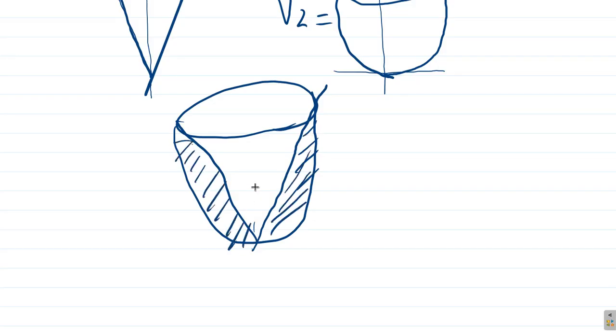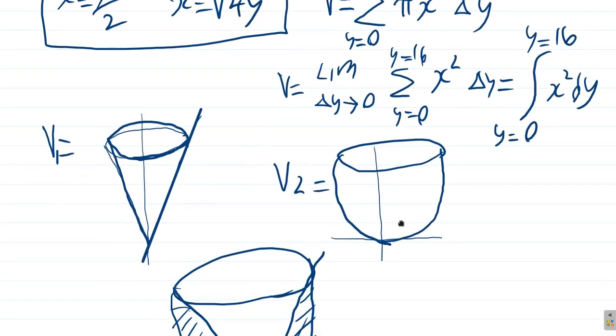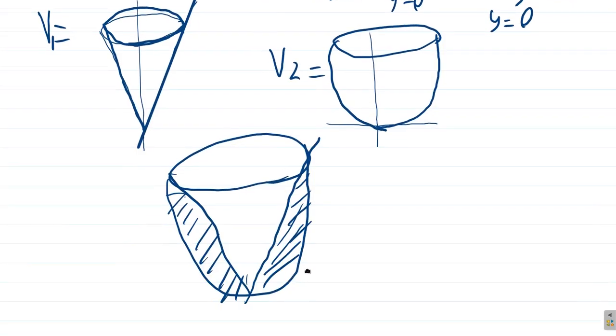So it's like you use clay to make a bowl looking like this, and then you use a knife to cut out a cone from the inside, and what you're left with is the volume that we're finding.